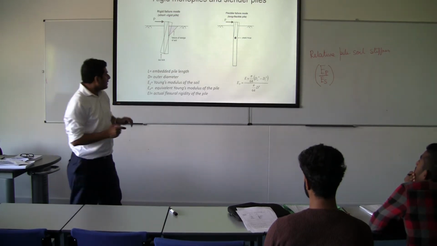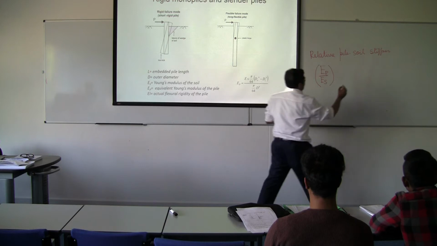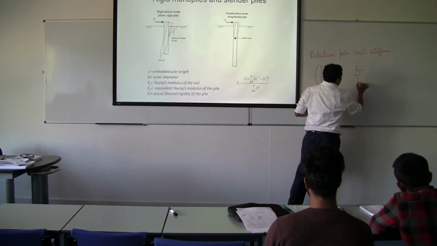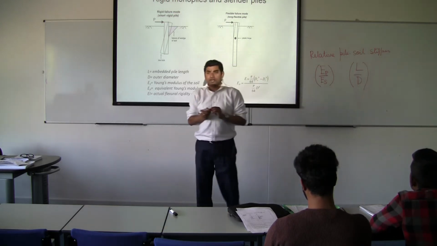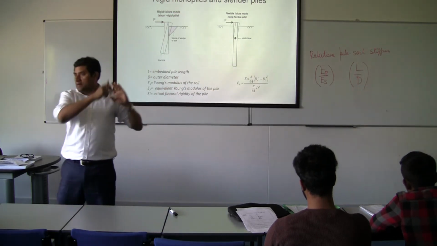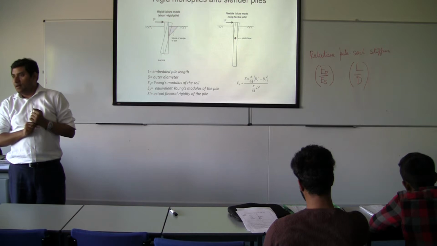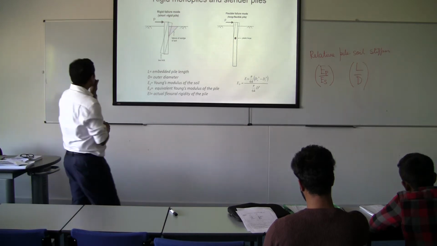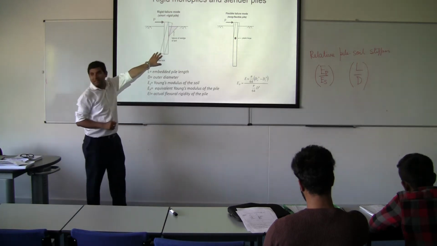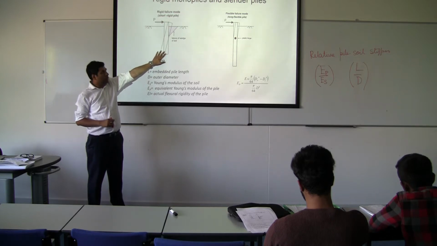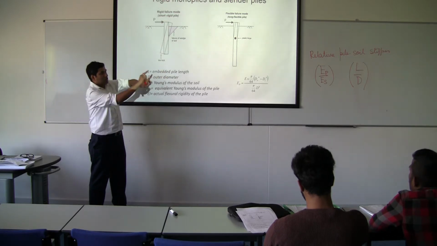Another important part is L by D, length by diameter. You can differentiate the behavior by these two parameters. Now tell me, if you want to find out the capacity of these piles, what do you think will go among those two groups?